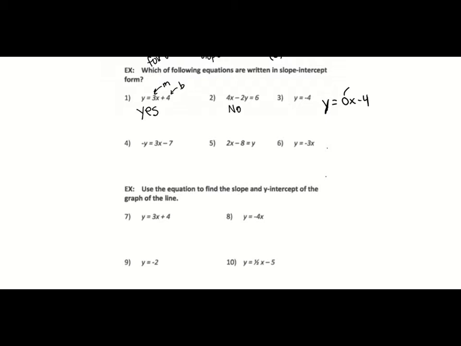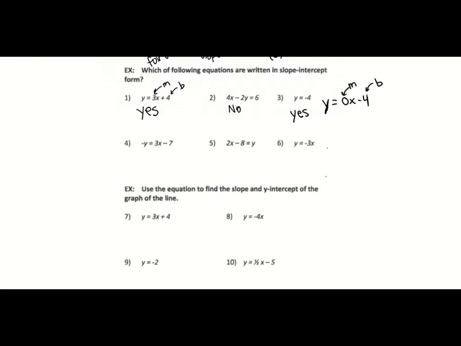But this right here tells me my m is 0 and my y-intercept, my b, is -4. So this one actually is yes, that y is by itself and our slope is just 0. That's why there is no x in our equation. So this is in slope-intercept form.